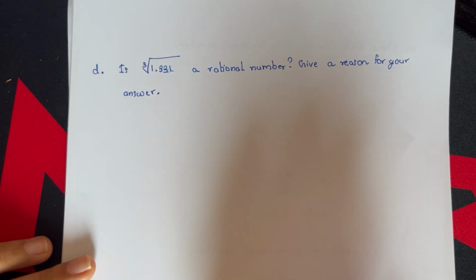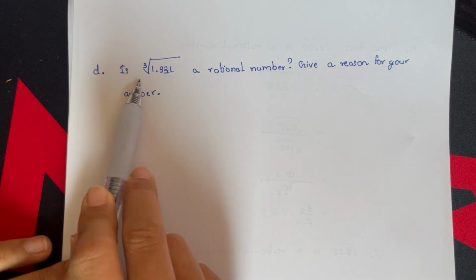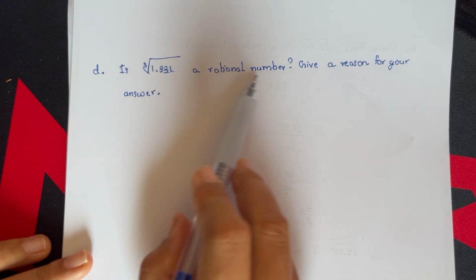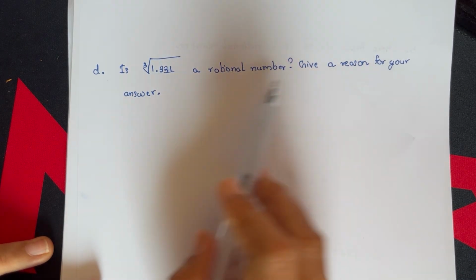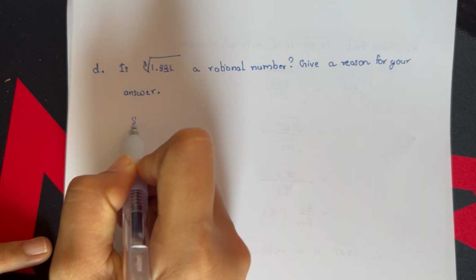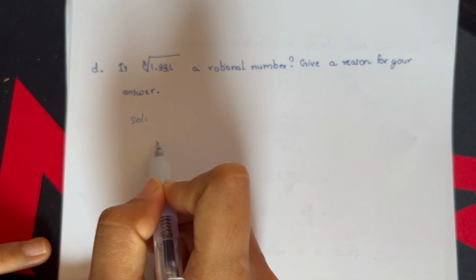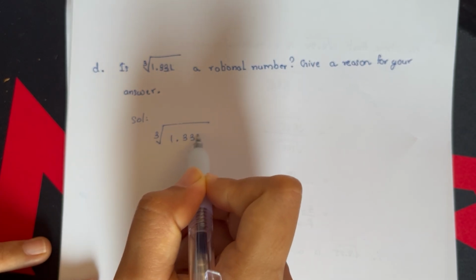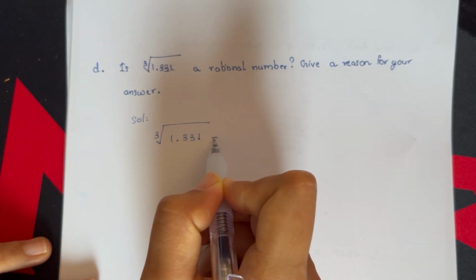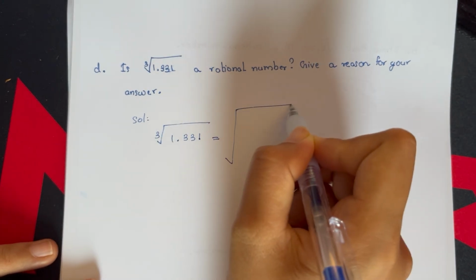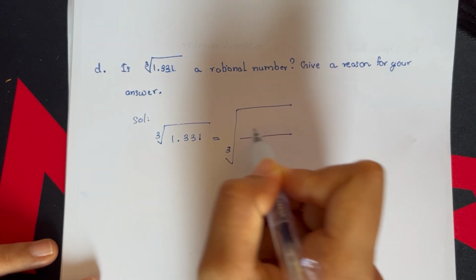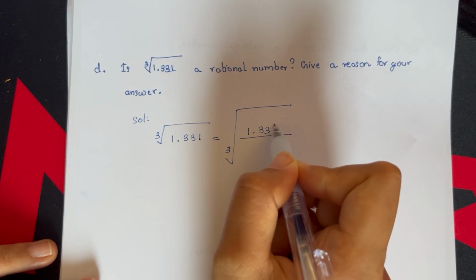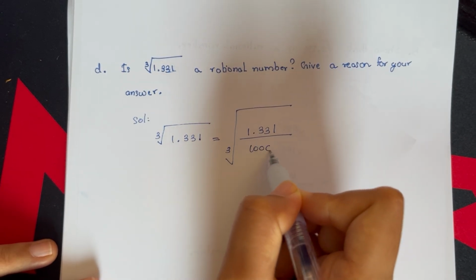Question D. Is cube root of 1.331 a rational number? Give a reason for your answer. So let's find out. Cube root of 1.331 equal to cube root of 1331 by 1000.